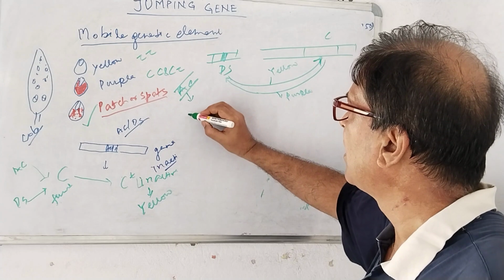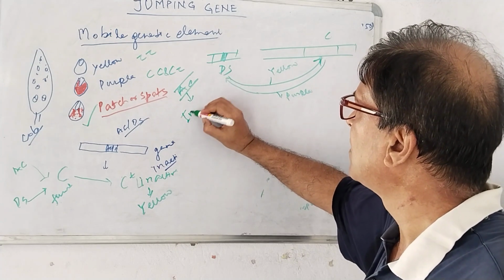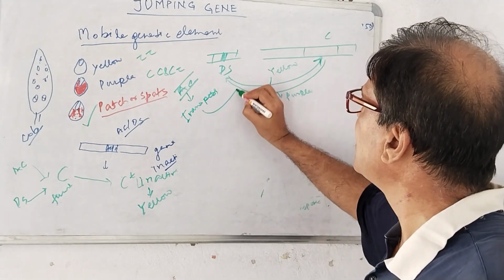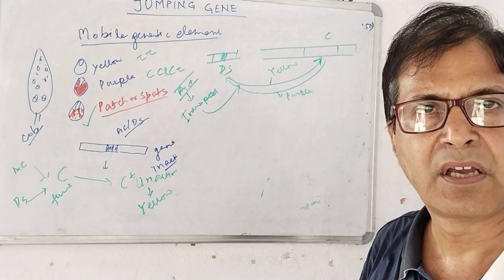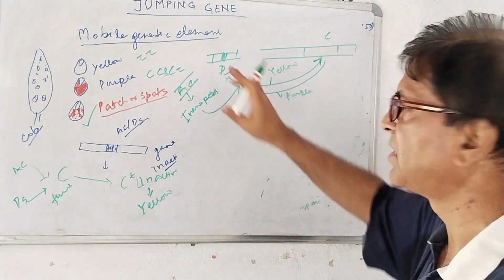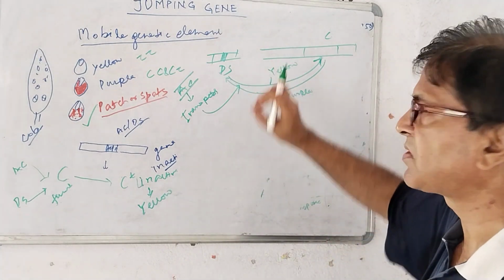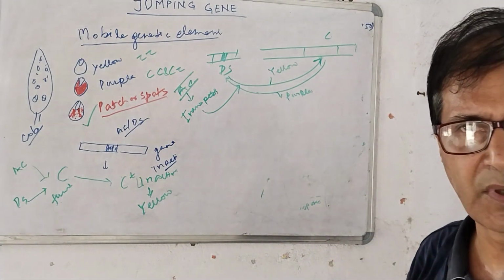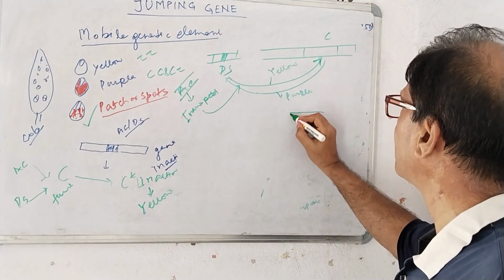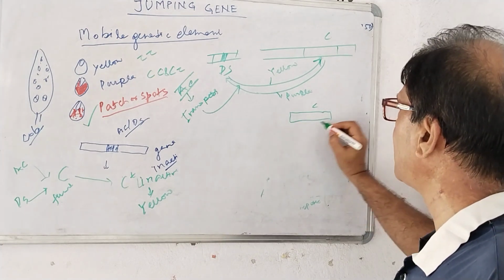AC is producing the transposase enzyme, and that is helping in the frequent movement of this element. One more thing is the site of integration of this DS element. Suppose this is the gene of C, the purple anthocyanin gene.